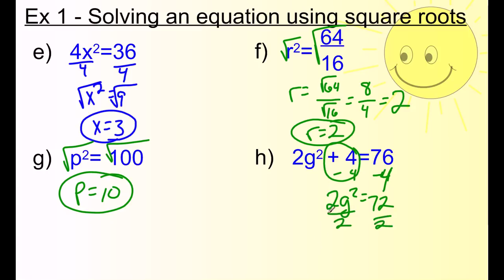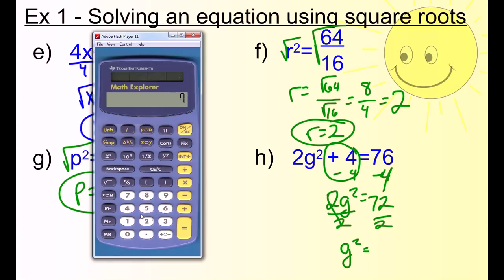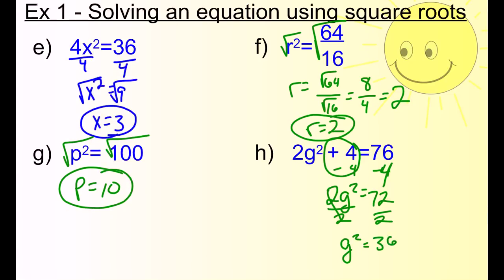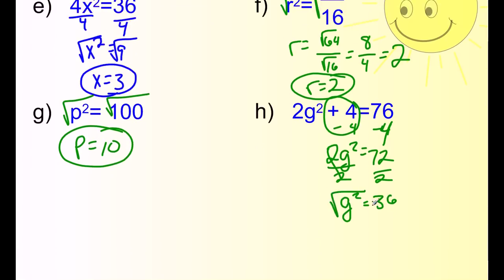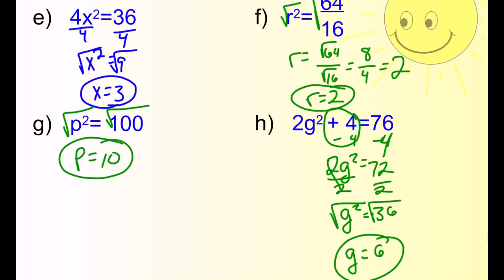Divide both sides by 2, giving you g squared equals 36, I think. 72 divided by 2 equals, yes, 36. And then we square root each side, cancels out the square, and g equals 6. Well, that was fun.